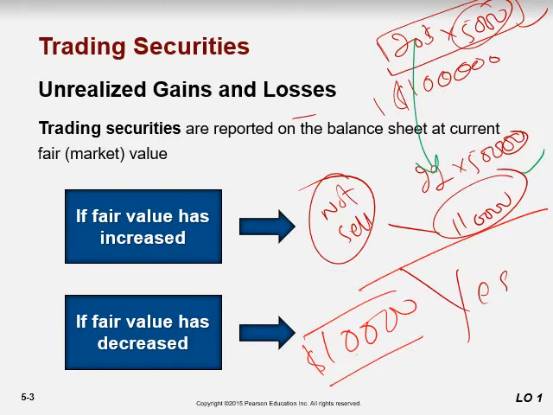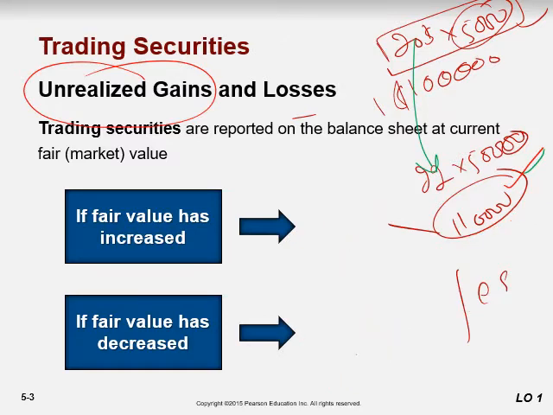This is when you sell it. You did not sell it, so we call this unrealized gain. If you sell it and you receive in cash this 110,000, then we call this, yes, realized gain or losses.